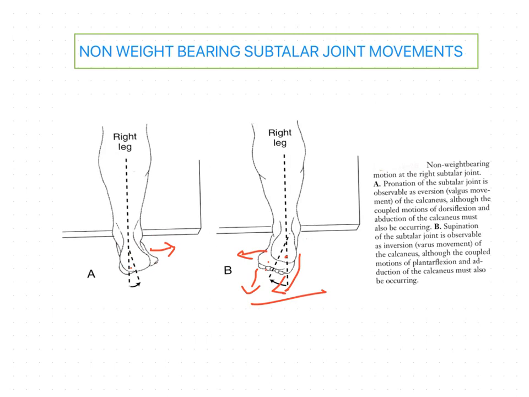So the available range of the component of eversion, that is valgus of the calcaneum, has been measured as 10 degrees, whereas inversion is 20 degrees, for a total range of 30 degrees.